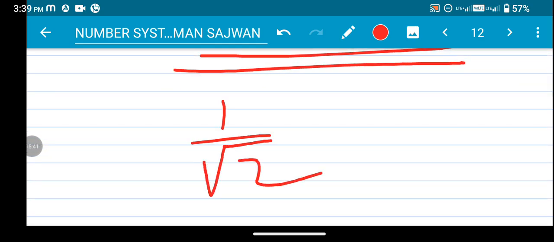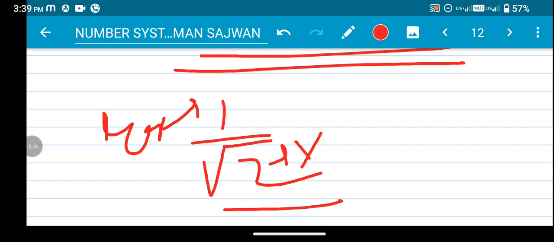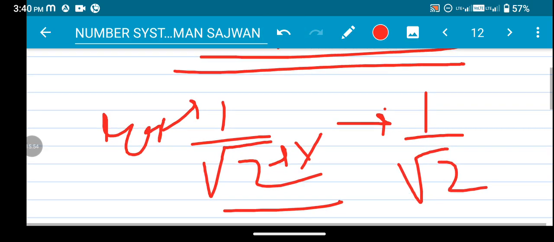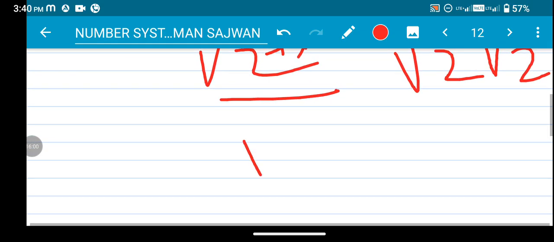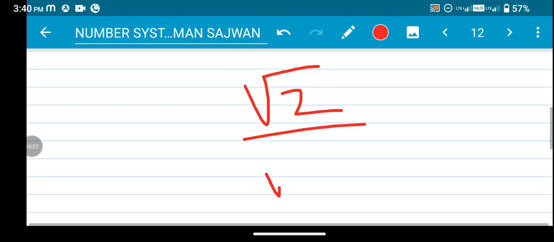This is an example. We can't leave roots in the denominator, so what will we do? You will do rationalization: multiply by root 2 and divide by root 2. Then root 2 upon root 4 will come.